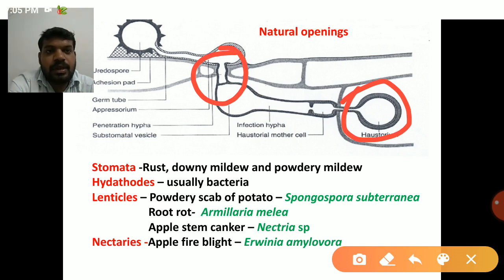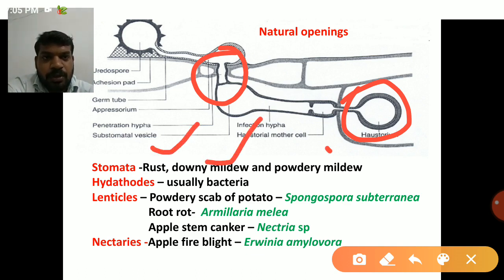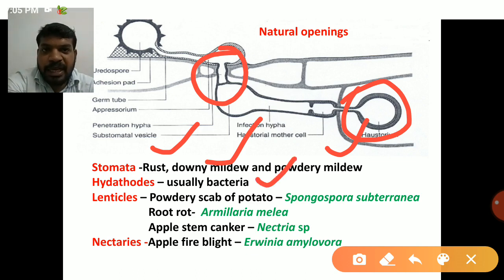Examples of pathogens which enter through natural openings: through stomata, rust, downy mildew and powdery mildew pathogens mainly enter through the stomatal region. Usually all the bacteria enter through hydathodes and wounds.